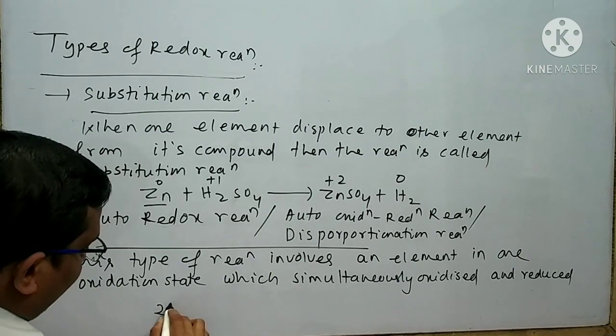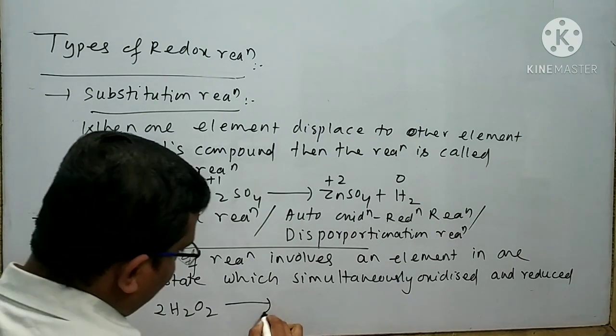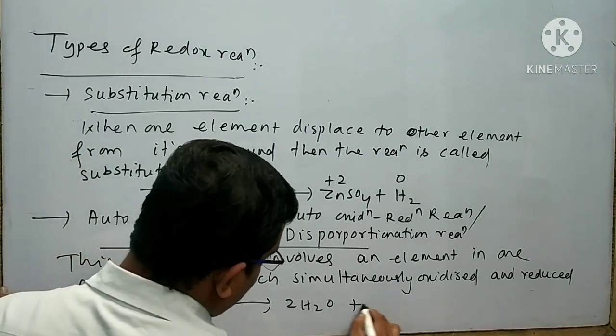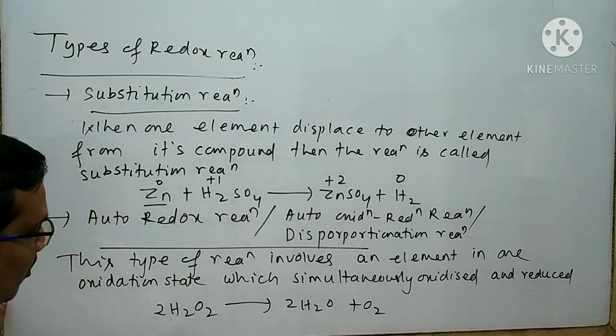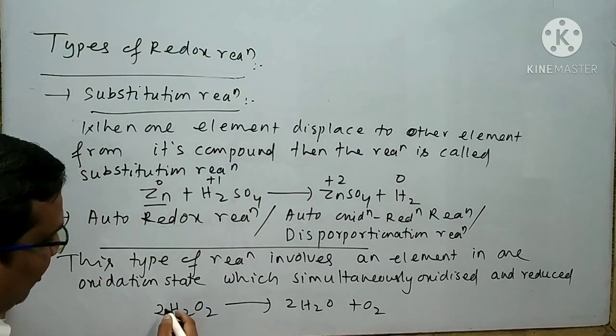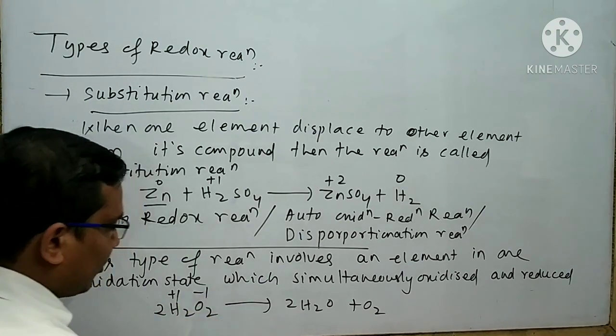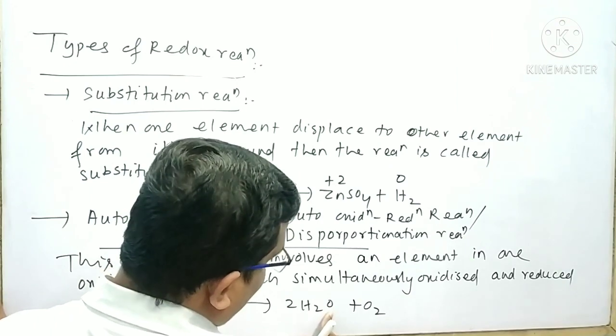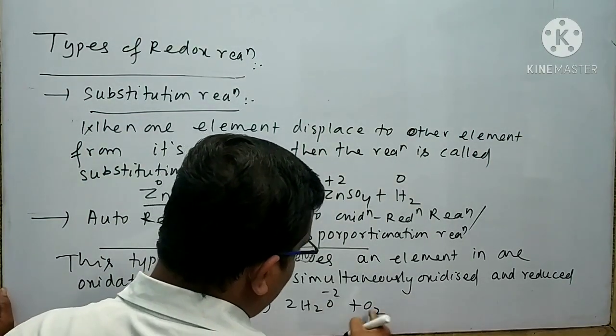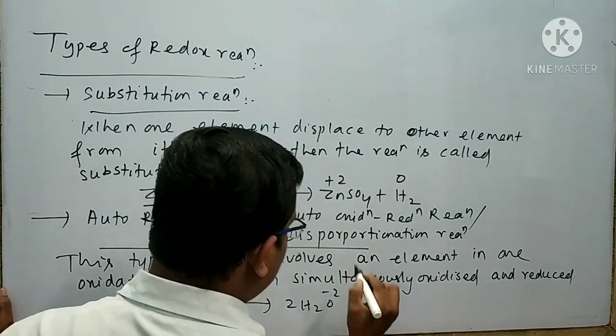Take an example, 2H2O2 gives 2H2O plus O2. Look at that, here the oxidation number of hydrogen is +1, here the oxidation number of oxygen is -1, here the oxidation number of oxygen is -2, here the oxidation number of oxygen is 0.